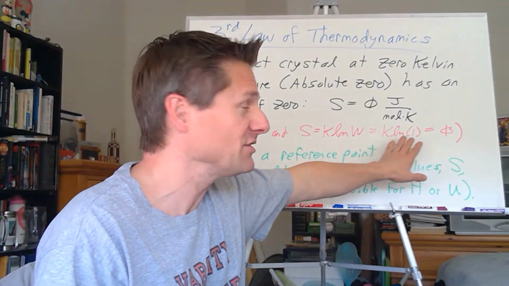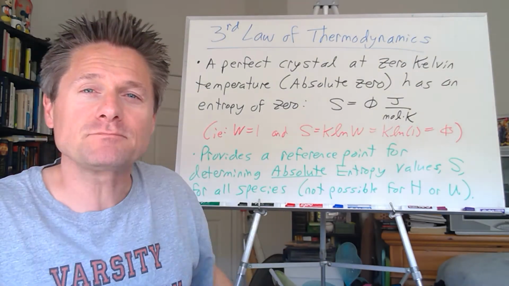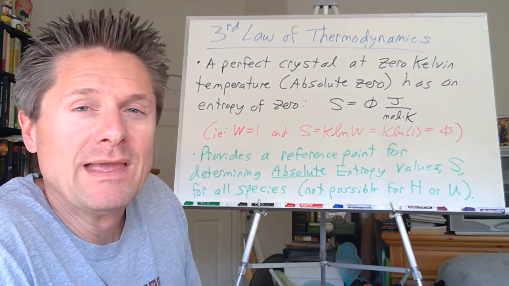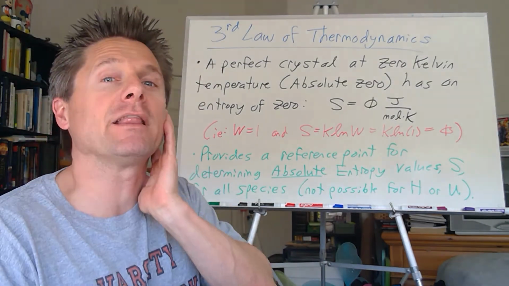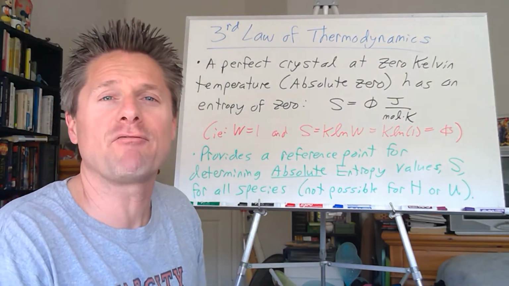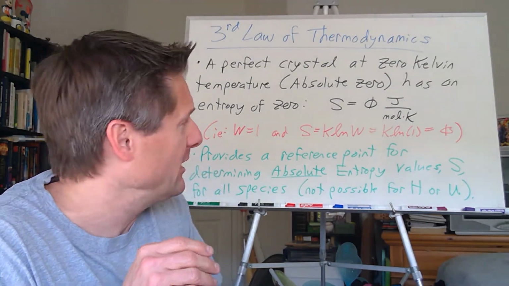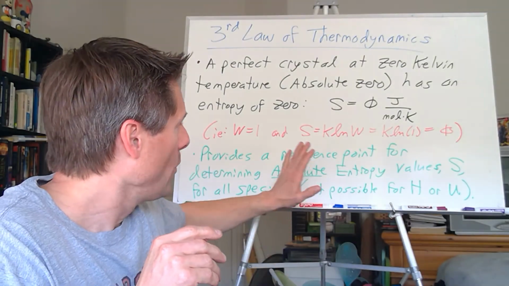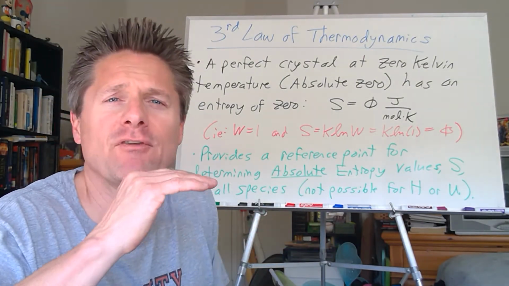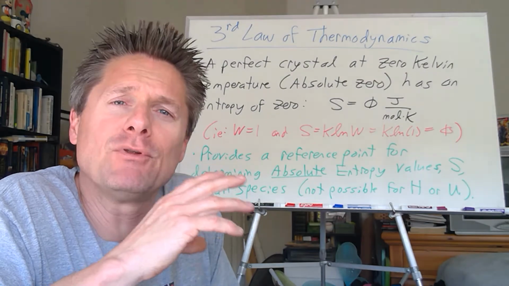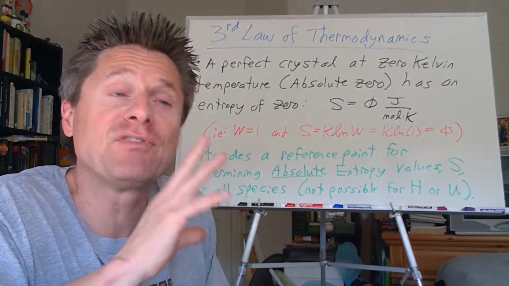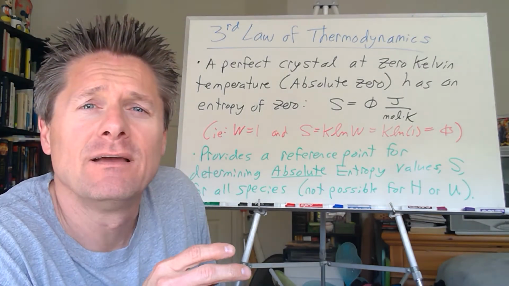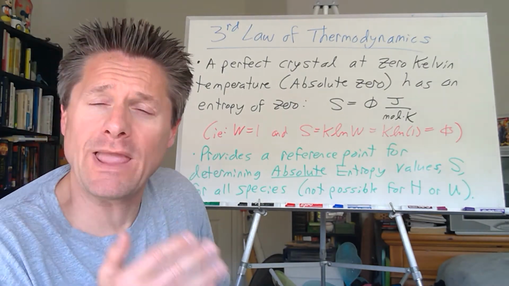So by definition, a perfect crystal at 0 Kelvin has an entropy of 0 because of Boltzmann's equation. Who cares? Why does that really matter? All right, that's going to provide us a reference point. That makes entropy different from enthalpy or internal energy. Because we have a reference point of 0, we are able to actually determine the absolute entropies, not changes in entropy, the absolute entropies of any substance.